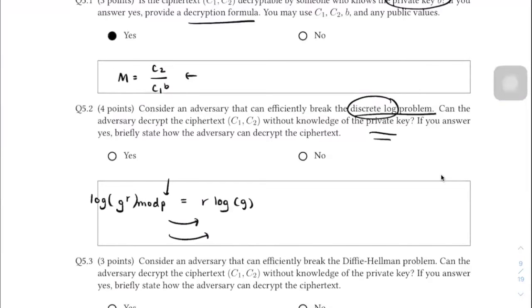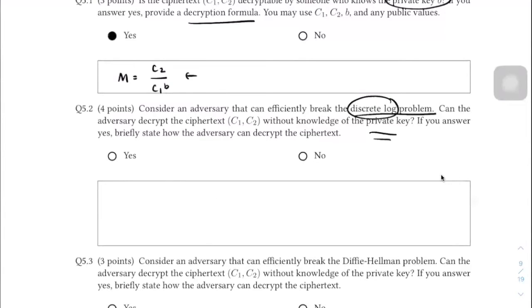When that constraint is added, doing an operation that looks like this is computationally infeasible. So if that is no longer an issue, which is what this problem is talking about, can we decrypt the ciphertexts? When the discrete log problem no longer holds, then our encryption scheme, El Gamal, is no longer secure.